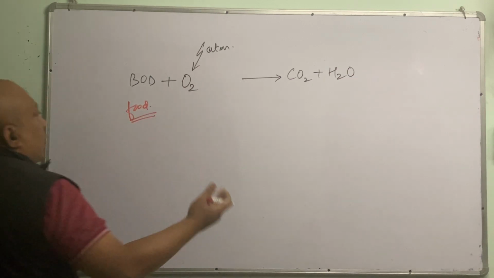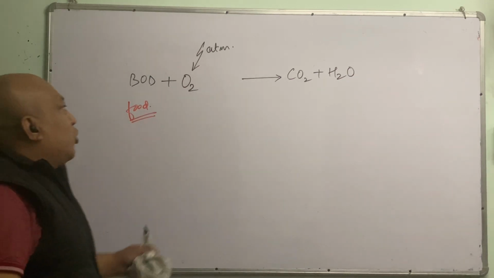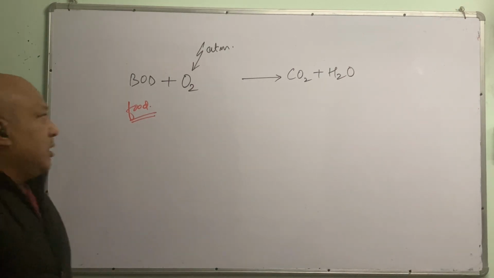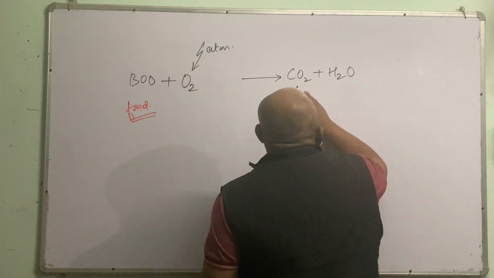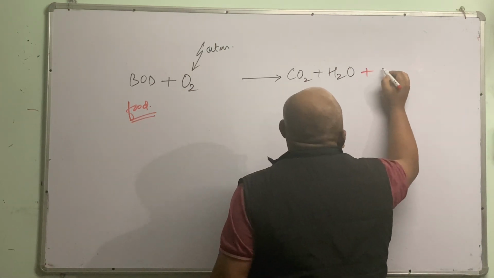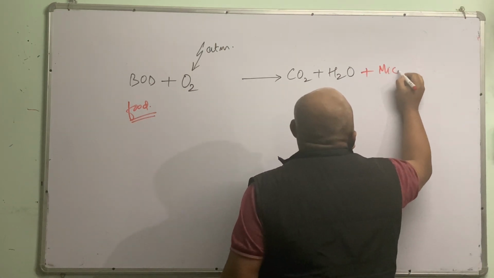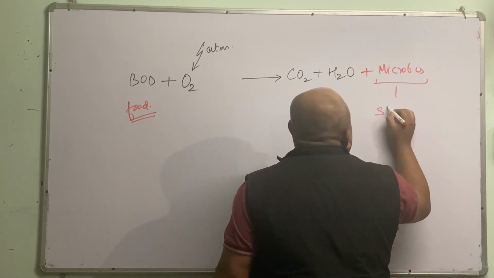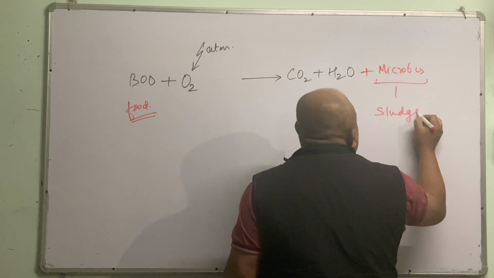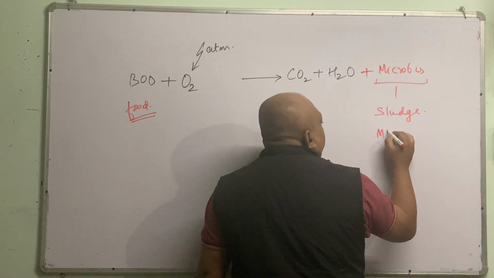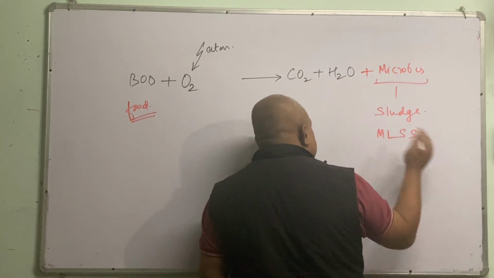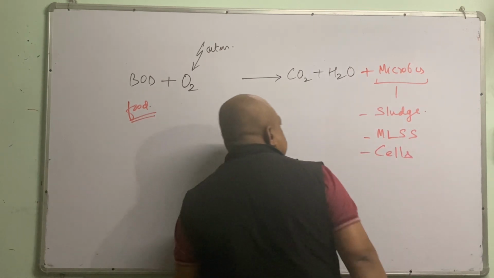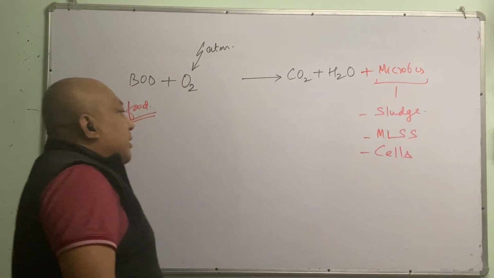Okay. Now, from where do the microbes come? The microbes will automatically start developing inside the reactor. So here, the byproduct will be coming and the microbes will be coming. The microbes, we call it sometimes, if you don't require it, sludge. Sometimes we call it mixed liquor suspended solids. Sometimes we call them cells.